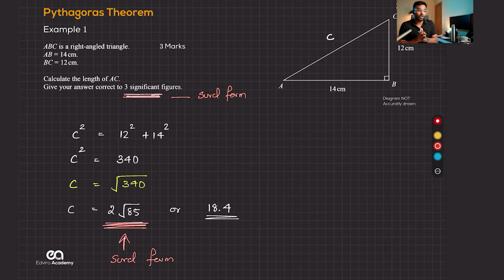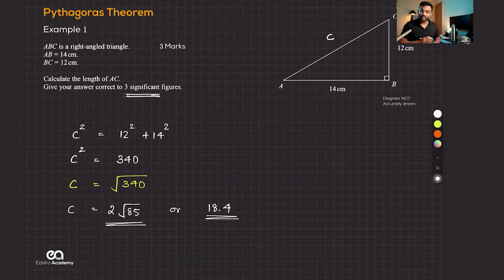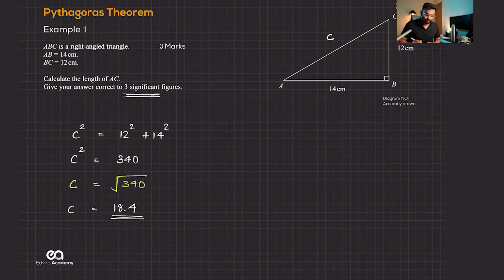If they tell you to leave it in surd form, you will leave it in that form. So I put root of 340 in my calculator, and the calculator gave it to me initially. Then I have to press one button to get the decimal form. But for now, it's not in surd form. So our answer is 18.4 centimeters.